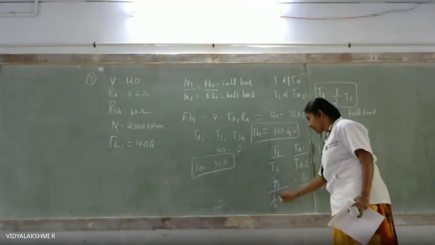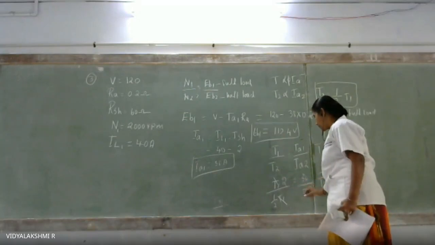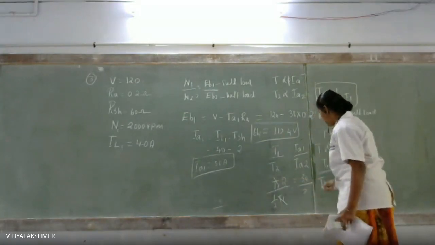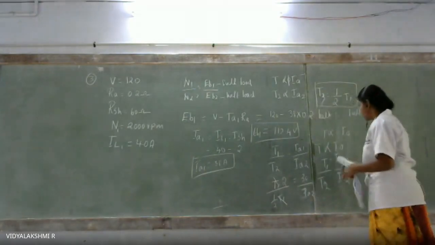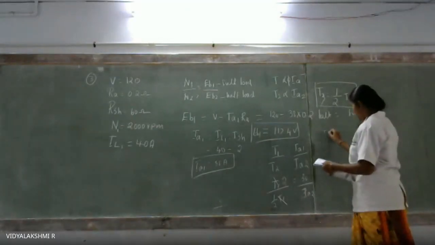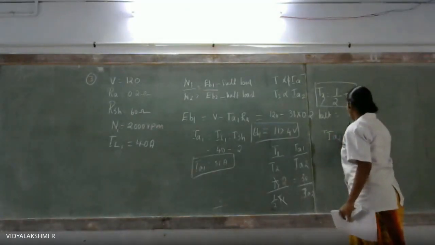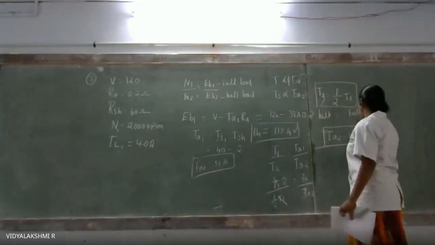So the T1 will get cancelled. The 2 will come to the numerator part. So from this I can find out my IA2, which is equal to 19. This is my 19 amps.